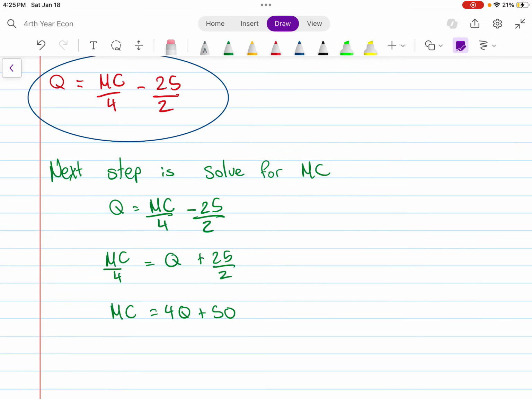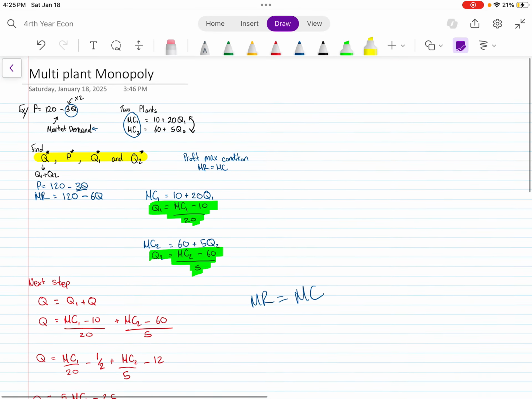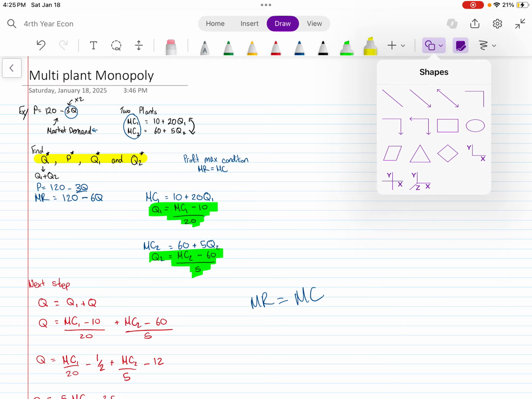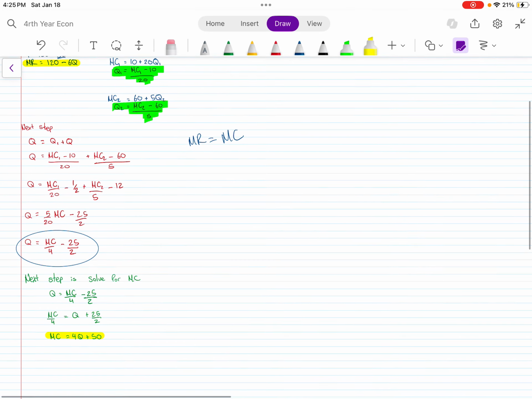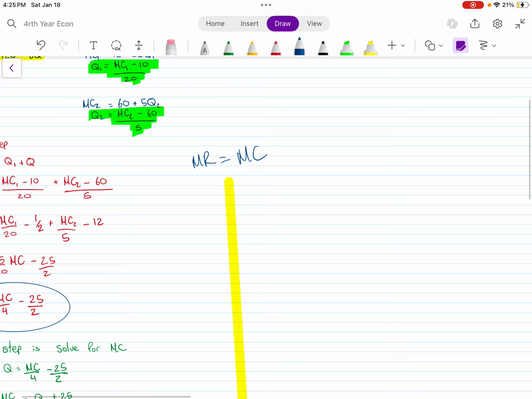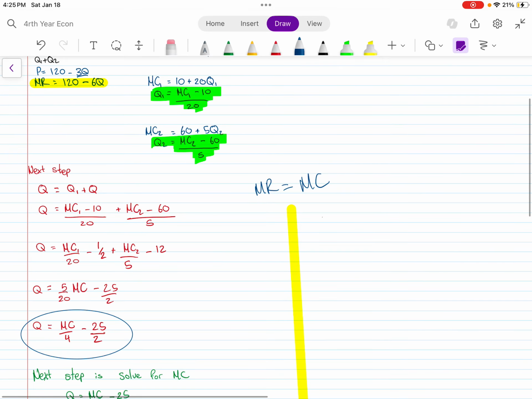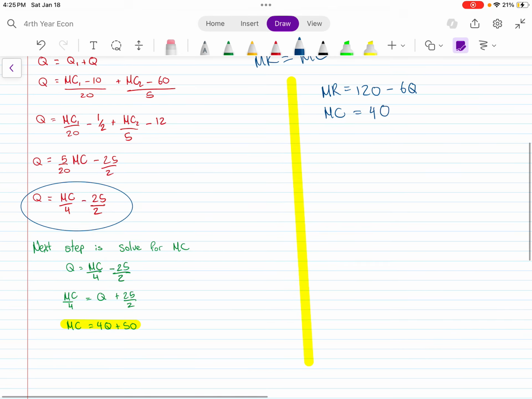So now we have both our conditions, our marginal cost function right here, and our marginal revenue function right here. So let's set both of these equal to each other. Since MR is equal to MC, marginal revenue is equal to 120 minus 6Q, and marginal cost is 4Q plus 50.